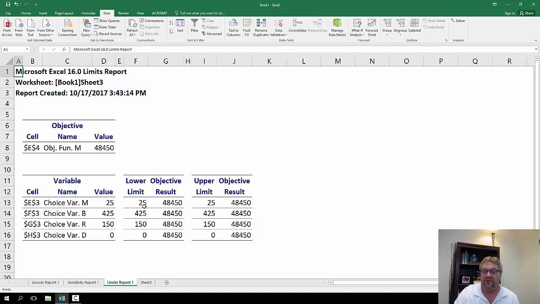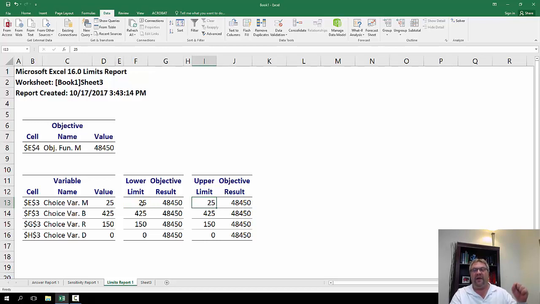Here, what's interesting, I did want to show you this, is the lower limit and the upper limit are the same. And this can happen a lot, right? Particularly with some of these more complex problems, you can't change anything, right? So what this is telling us is that if we change something based on our current constraints, this is all she wrote, right?